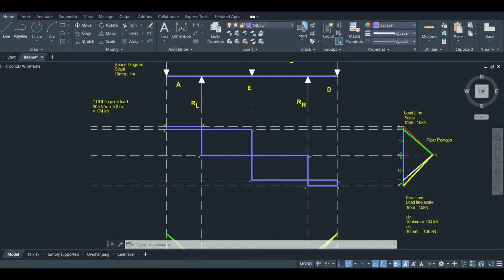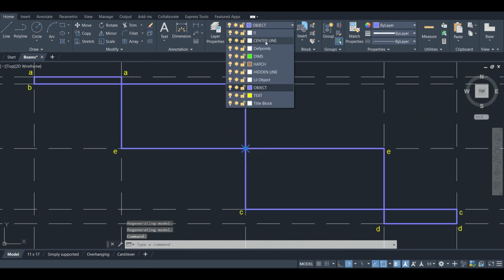Good. If you said the point between both reactions, then you would be absolutely correct. So this is the point at which, and I'm going to just put a point there, this is the point at which shear force is 0. So this is our point.